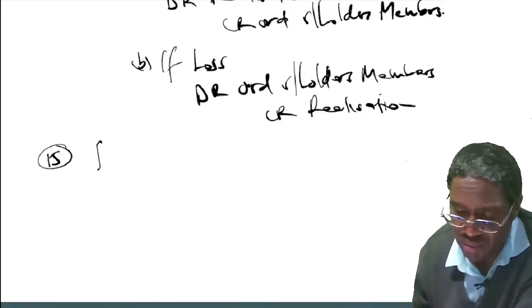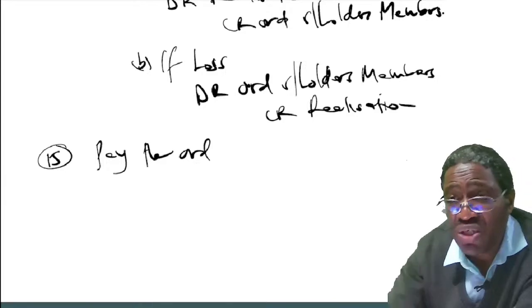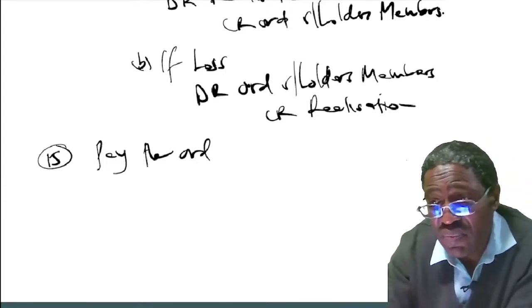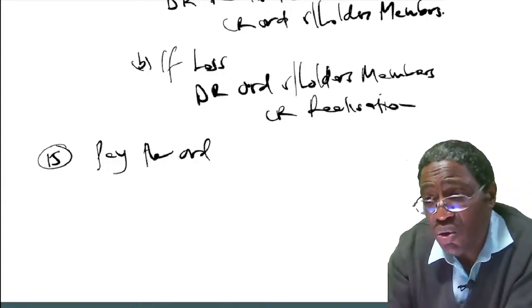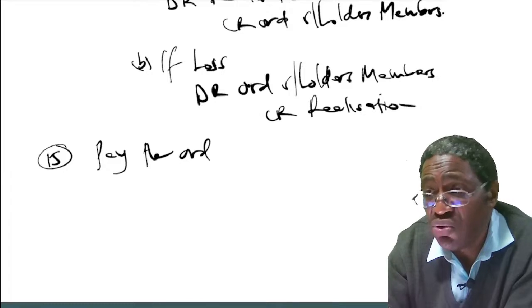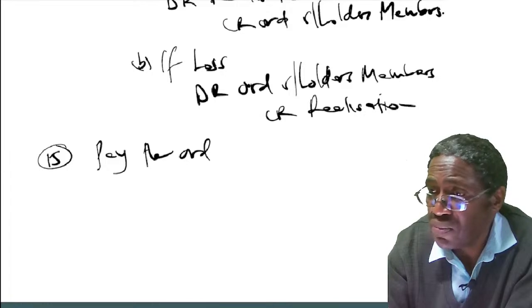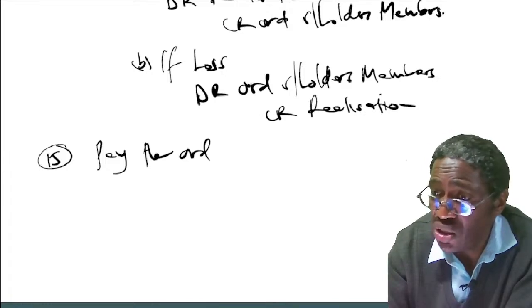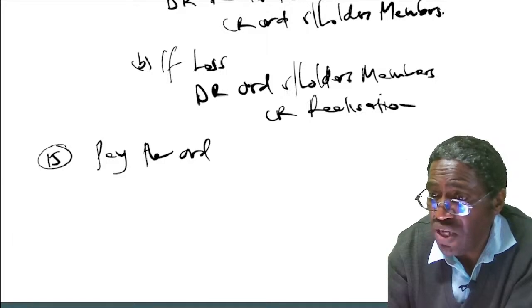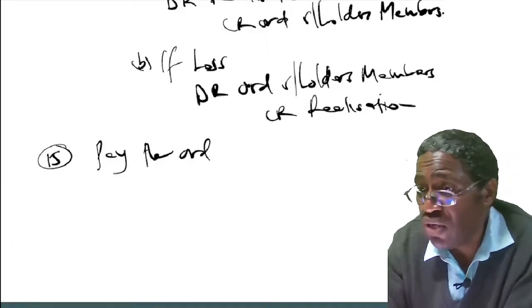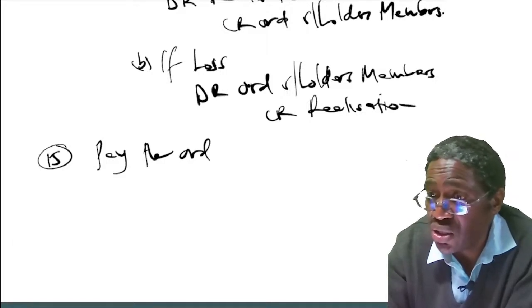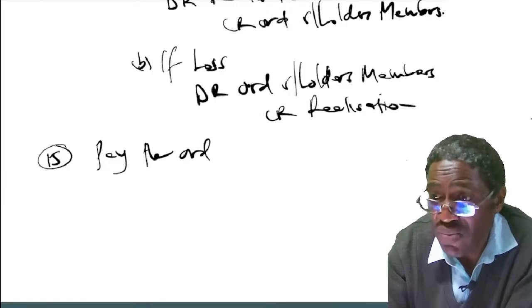So we come and say number 15, pay the ordinary shareholders what is due to them, either in form of cash, shares, or debentures.